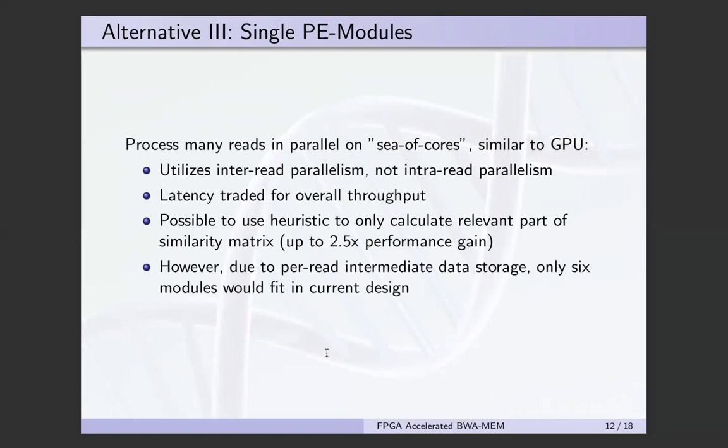The challenge with this implementation is that we need to store every single intermediate output of those processing elements on chip to be able to perform the analysis effectively, which requires a lot of memory, which is usually in short supply on FPGA chip.